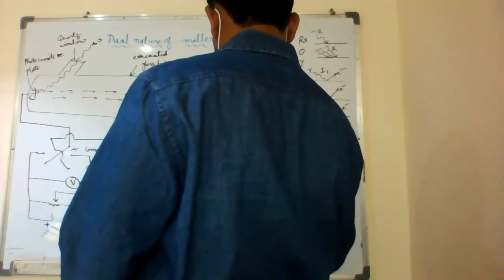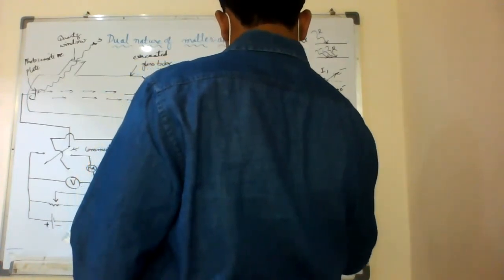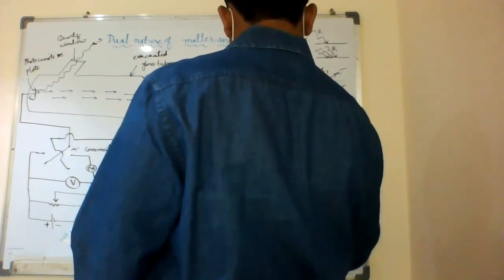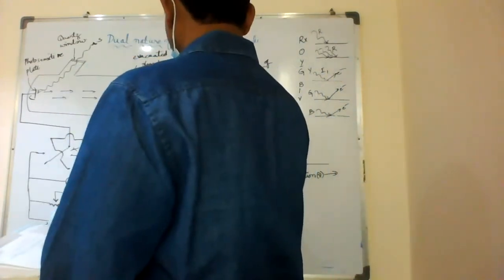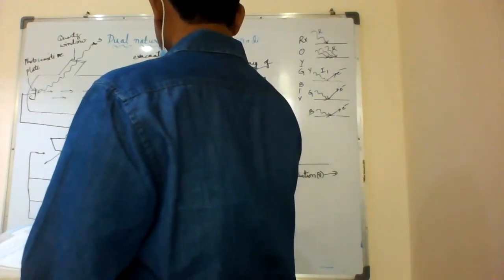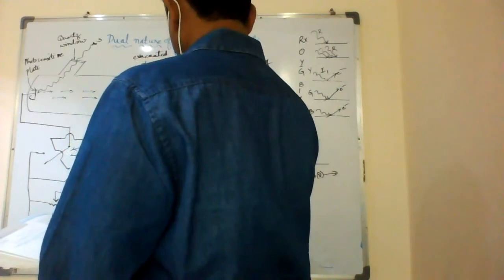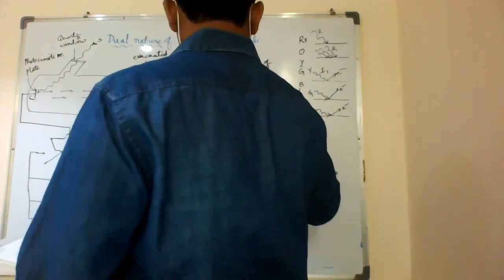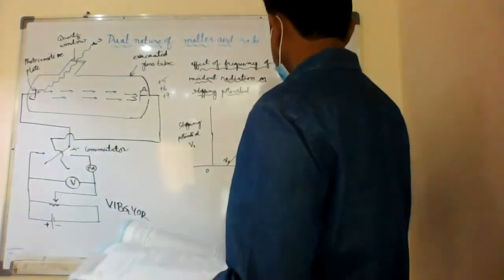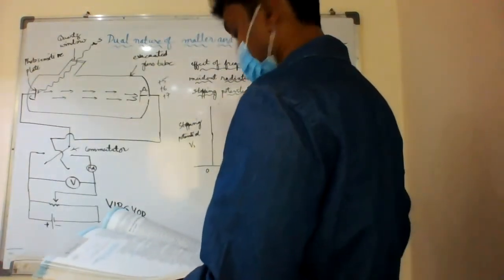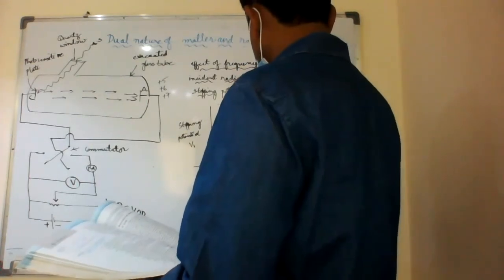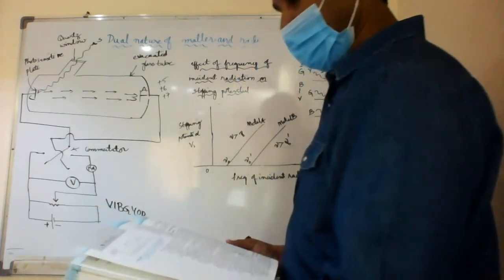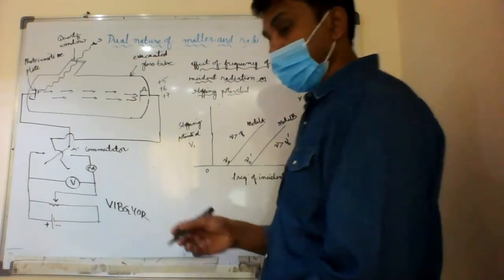This is stopping potential. Now, here we say that this is frequency of incident radiation versus stopping potential.